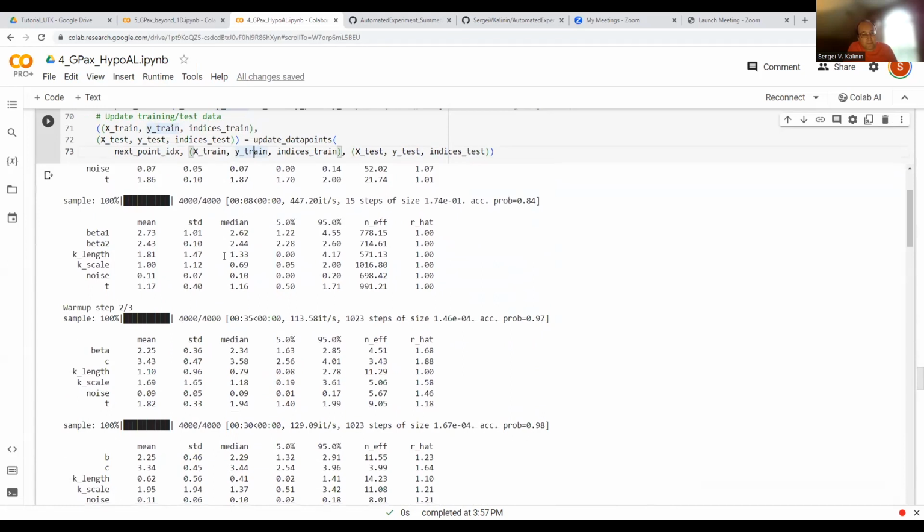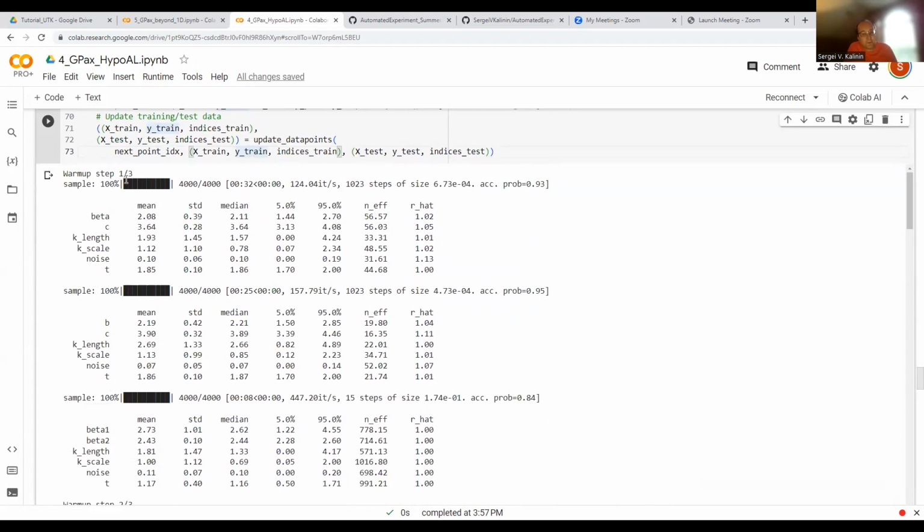So let's see what happens during the warm-up step. During the first step of the warm-up, we took our experimental data and tried to fit it with all three models. Each of the 3 models gives us the values of the parameters, including the means, standard deviations, and medians, and it also gives us a little bit of an idea about whether they fit well or not.